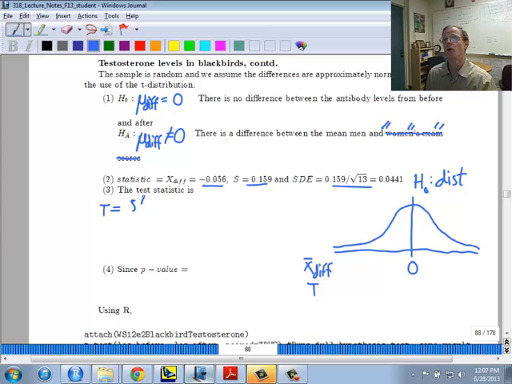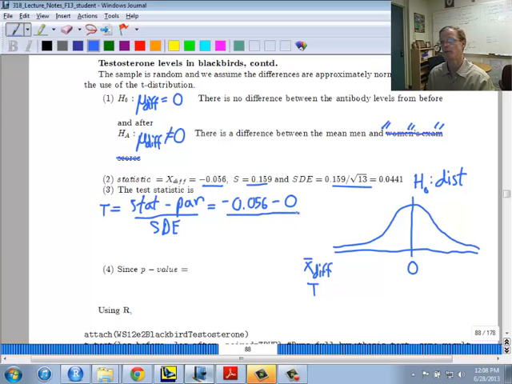equals, as always, we do the statistic minus the parameter over standard error. That's always the form for a t or a z. Our statistic is the difference. So minus 0.056 minus, the parameter is assumed to be 0. That comes from the null hypothesis.